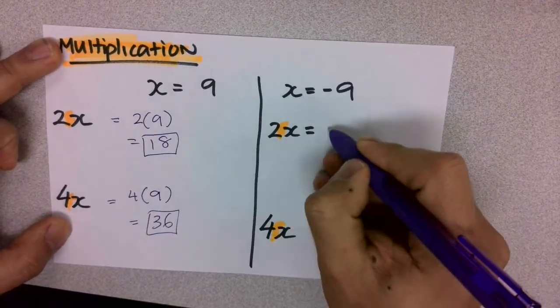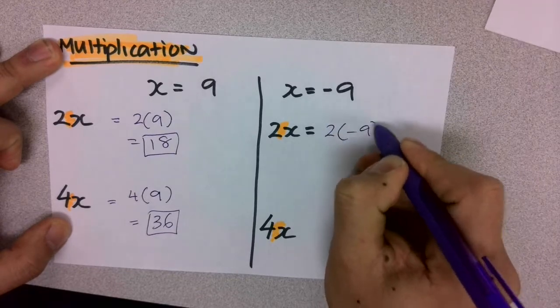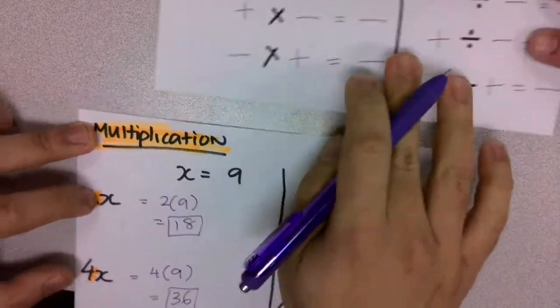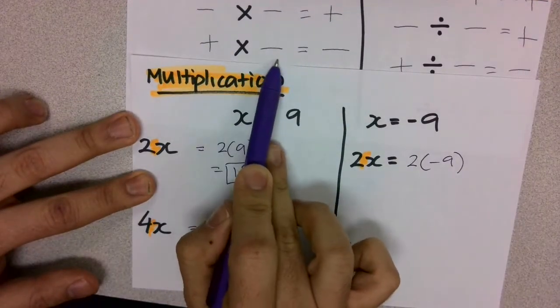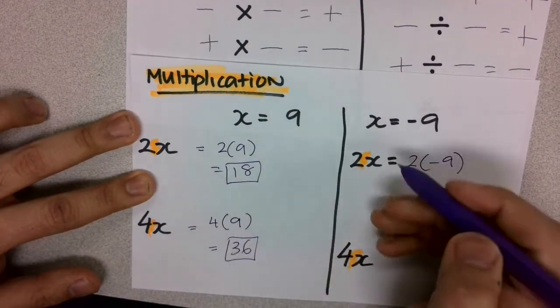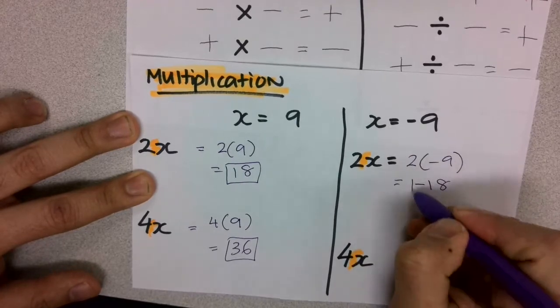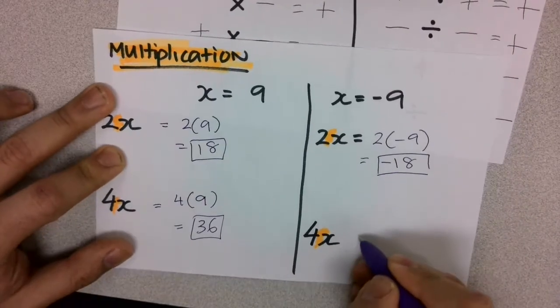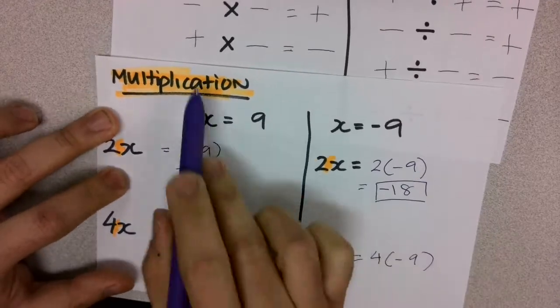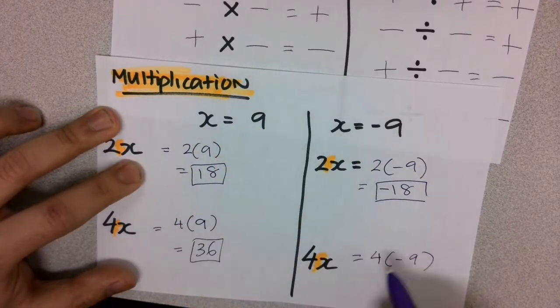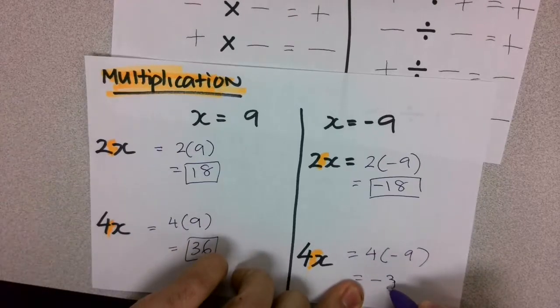So 2x is 2 times negative 9. A positive times a negative is a negative, so it'll be negative 18. This one, 4x, will be 4 times negative 9. A positive times a negative is a negative, negative 36.